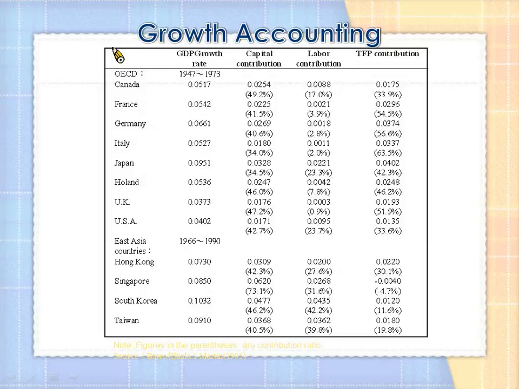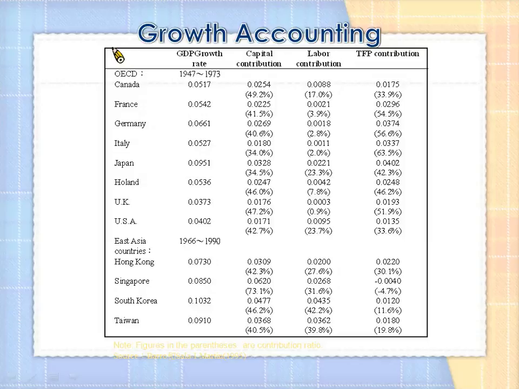The growth rates of those economies are Hong Kong 7.3, Singapore 8.5, South Korea 10.3, Taiwan 9.1. Okay, so these high growth rates are even higher than the rapid growth period of the developed countries.